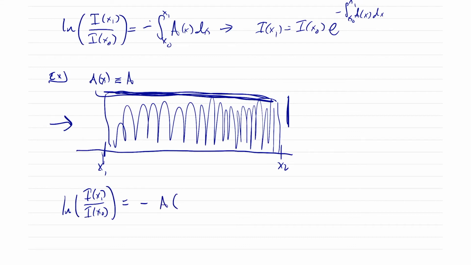So it's going to be a times x1 minus x naught. And if I just want to keep things cleaner and get rid of that negative sign, I can also say natural log of I of x naught divided by I of x1, just flipping this, is equal to a times x1 minus x naught, right? Okay, so that's a pretty simple example.